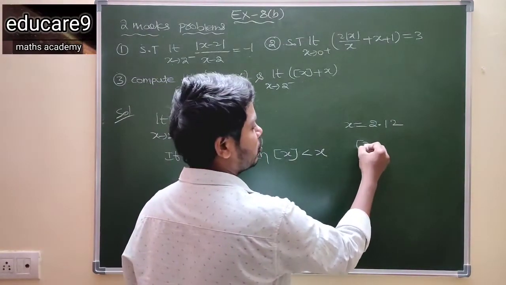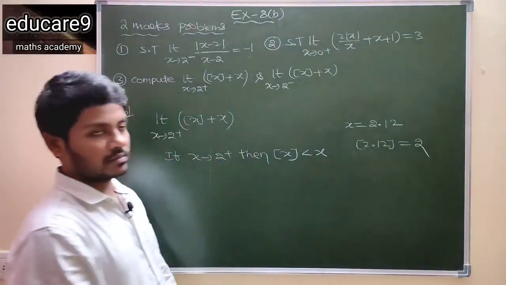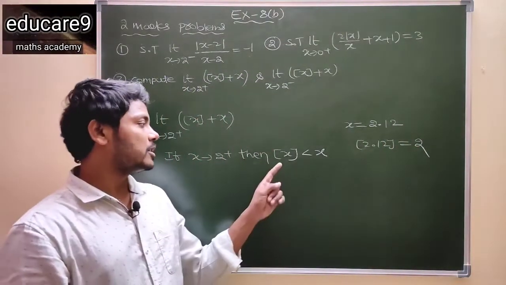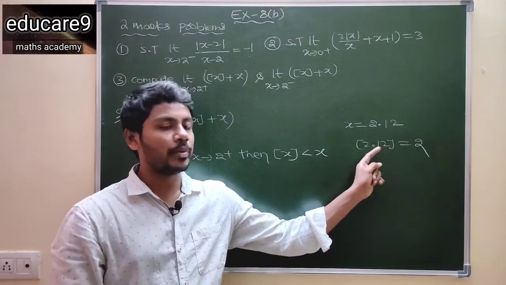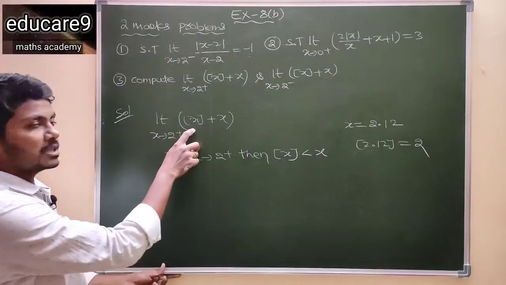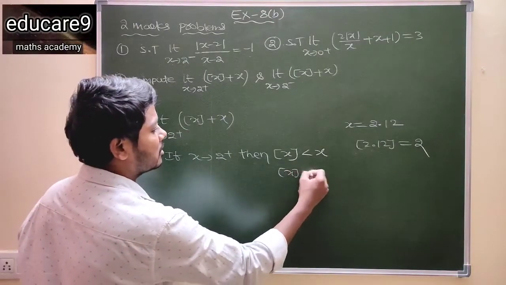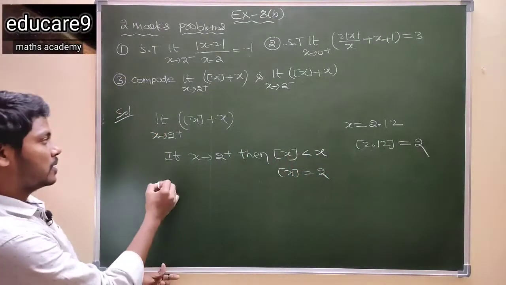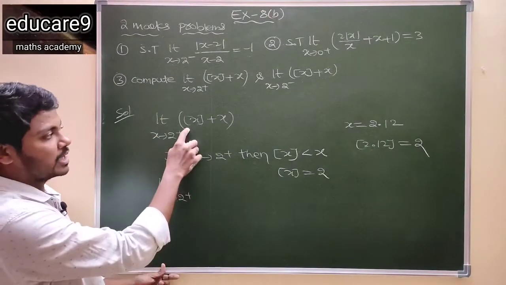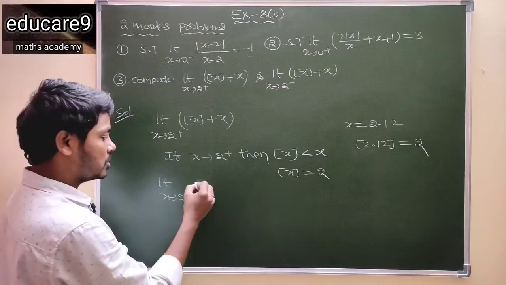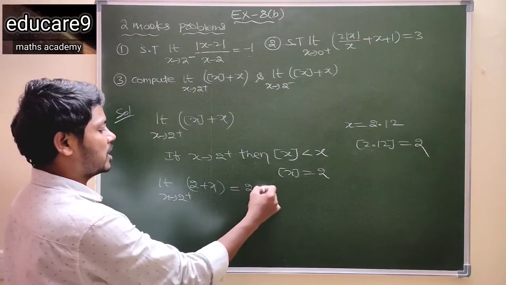What is step of 2.12? Clearly this is 2. So step x is less than x, and this can be written as step x is 2. So limit x tends to 2 plus, step x value is 2, so 2 plus x. This is 2 plus 2.